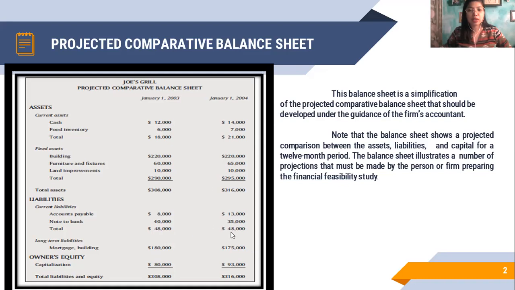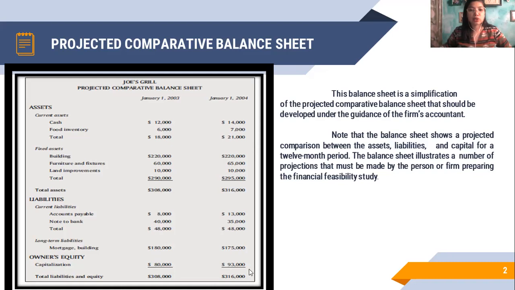In this example, it increases, but it is much better if some of the criteria, for example here the note to bank, decreases to 35,000 from 40,000, as well as the long-term liabilities also decreasing.